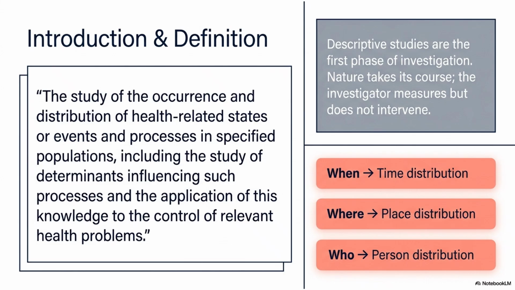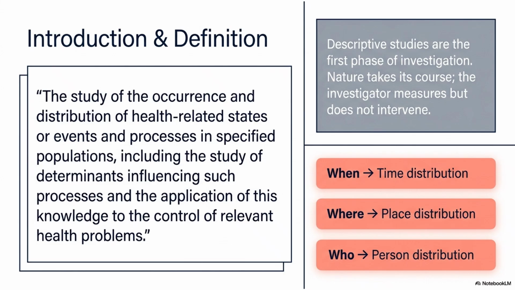And coming to the introduction of descriptive epidemiology, these descriptive studies are the first phase of investigation. For any disease investigation, even if an unknown disease is occurring, first we will start with descriptive study designs. In these, we will allow nature to take its course, and we will not intervene anywhere. That means we are not modifying, we are not intervening in the middle.